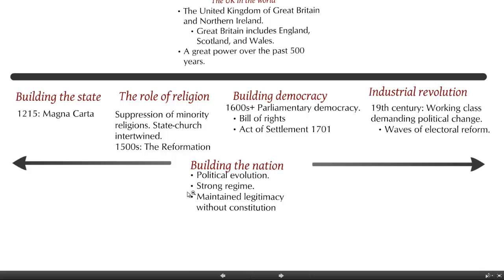And this is even in a political community that has no written constitution. That's a very peculiar and unique feature for the United Kingdom.